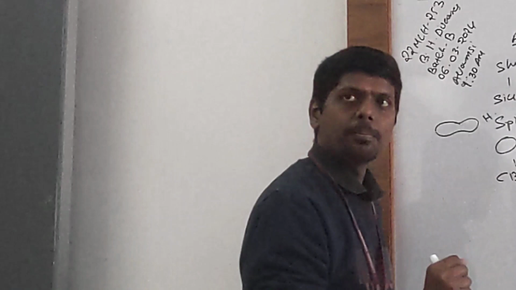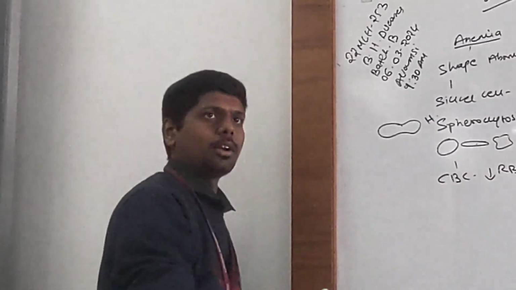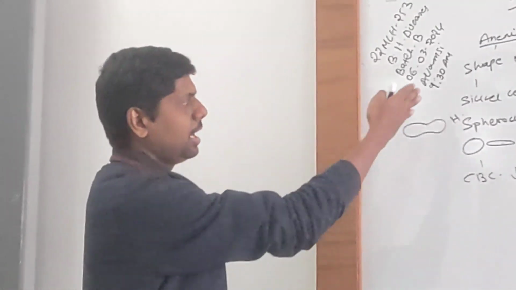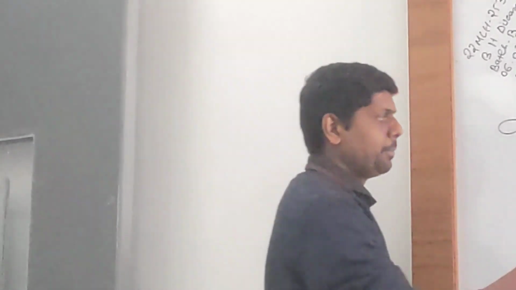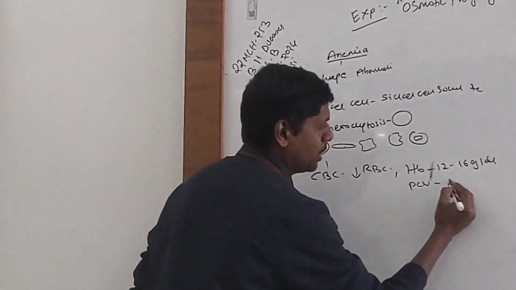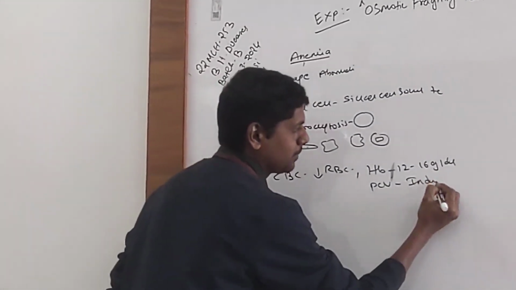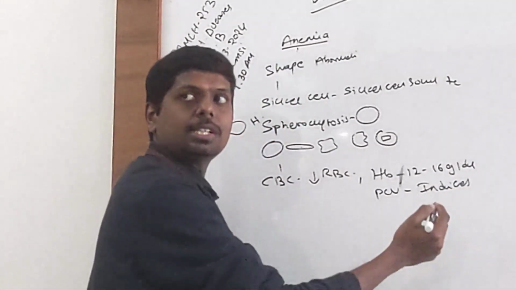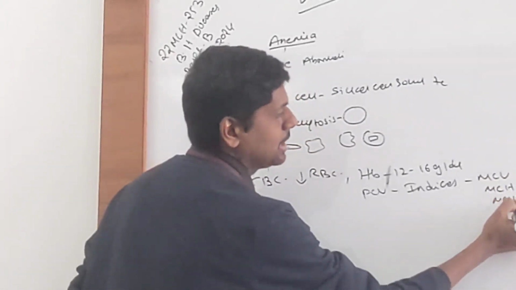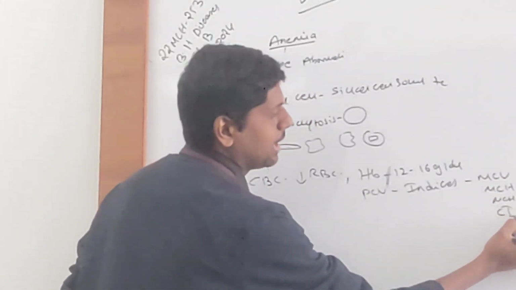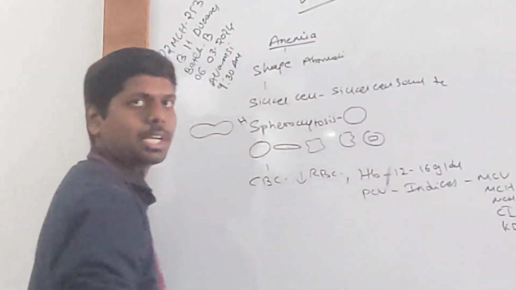Alright. Now, what other tests can you opt for to identify shape abnormalities? Maybe you will perform PCV and go with indices values. You might check MCV, MCH, MCHC and CI, RDW.